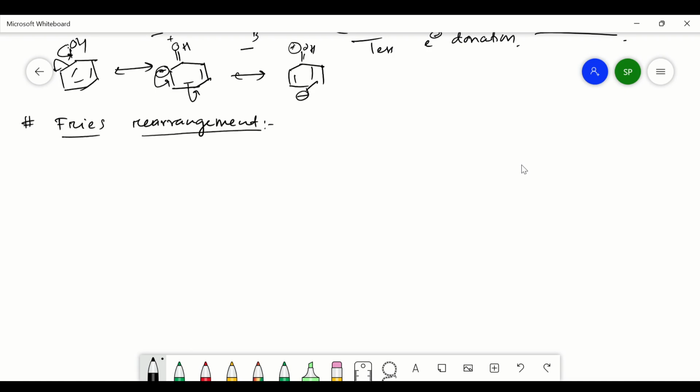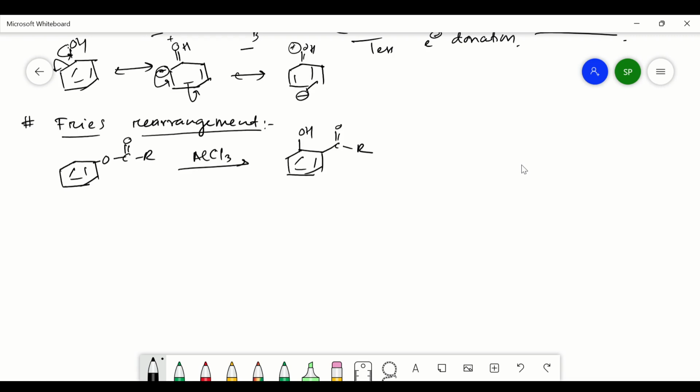When this phenyl ester reacts with AlCl3, this produces phenol and one acyl group in the ortho position.